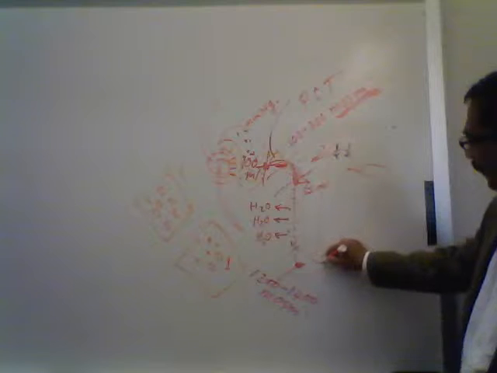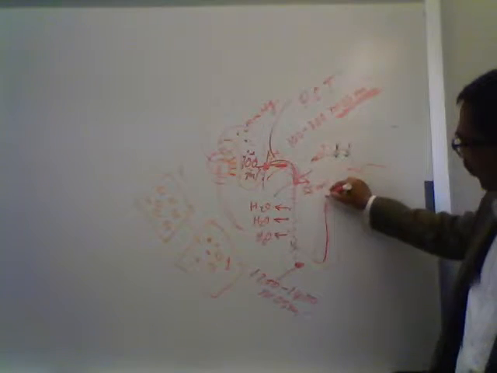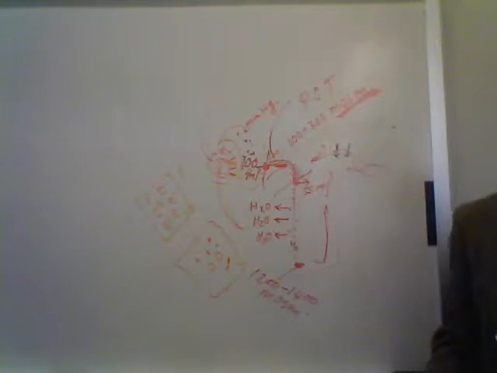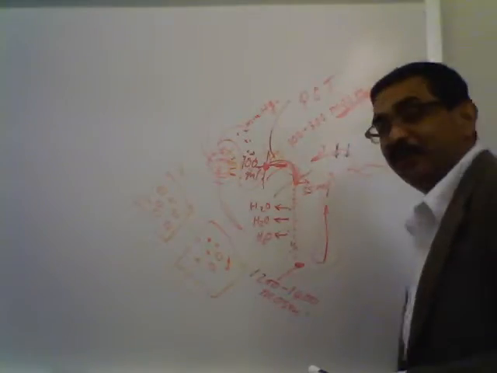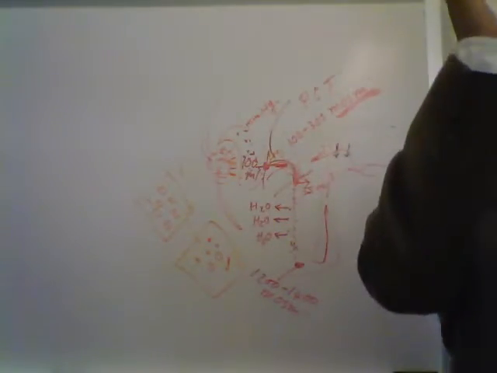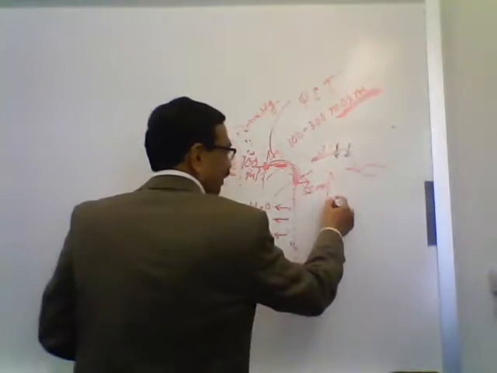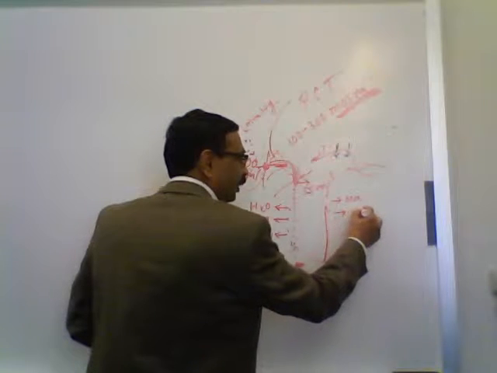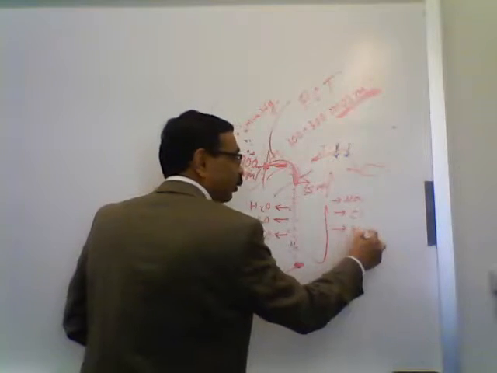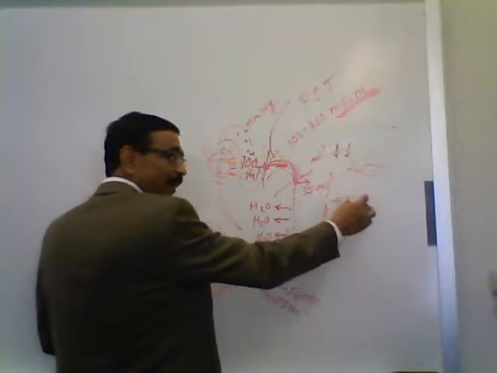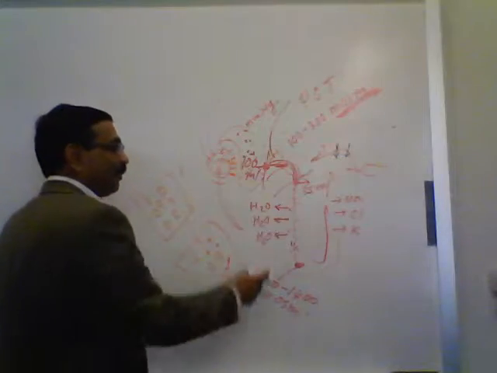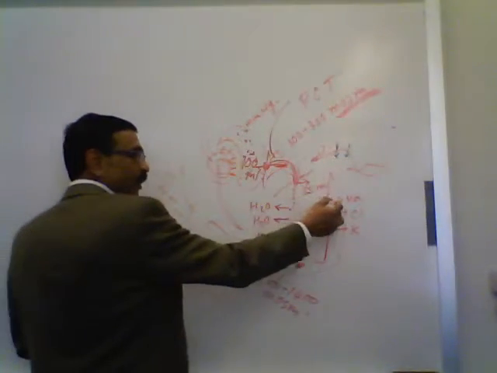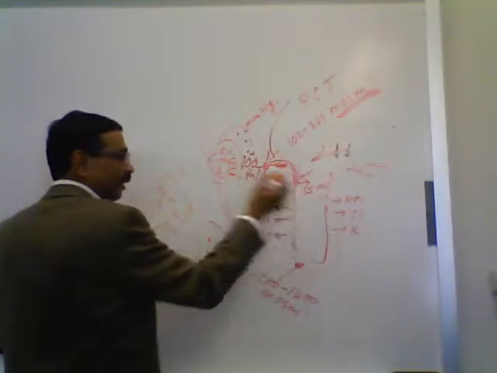Now, when the fluid starts to move up through the ascending limb of loop of Henle, what will happen here? This one is only permeable, the wall is only permeable to sodium, chlorine, potassium. It will not let the water get out or reabsorb. So this one is only for water, this one is not for water but other chemicals.